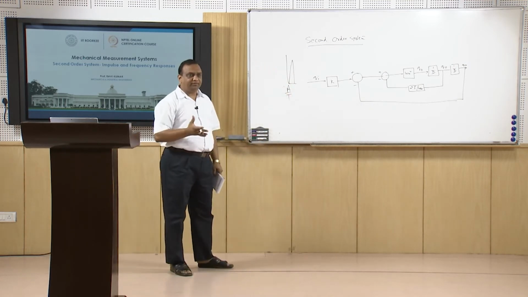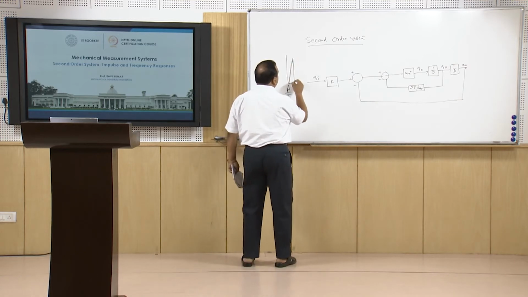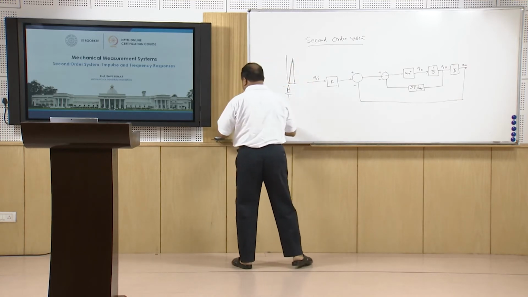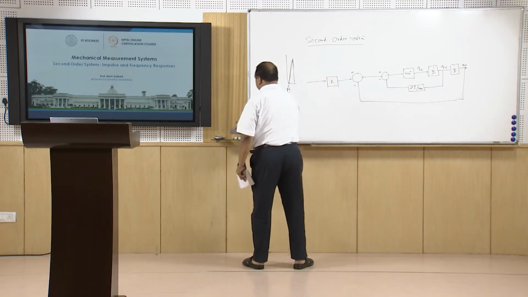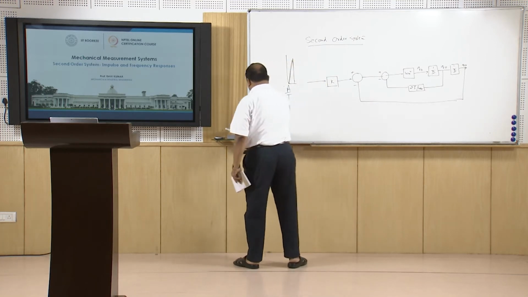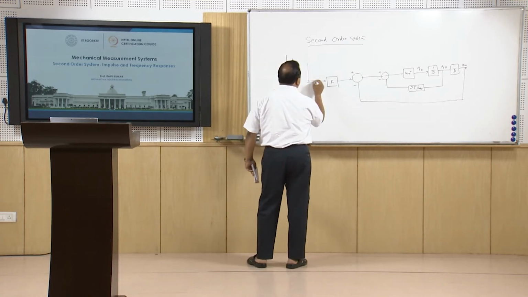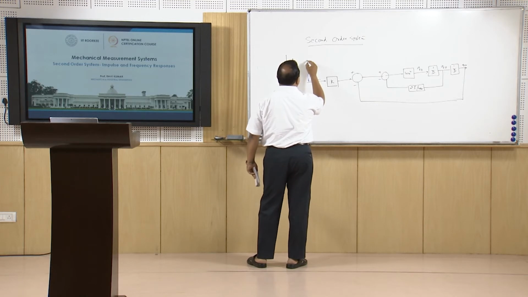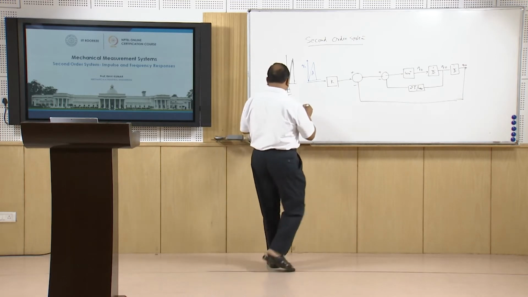A pulse can have any shape; the shape of the pulse does not matter. So the input is a pulse of area A at t is equal to 0 plus.